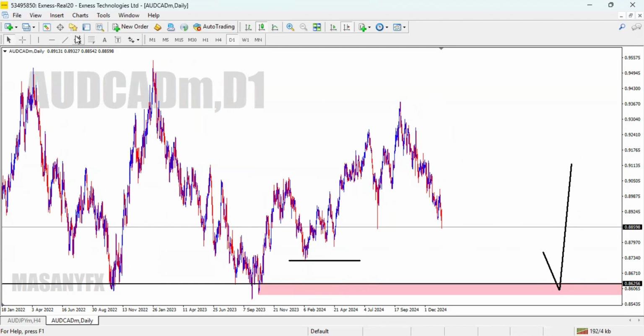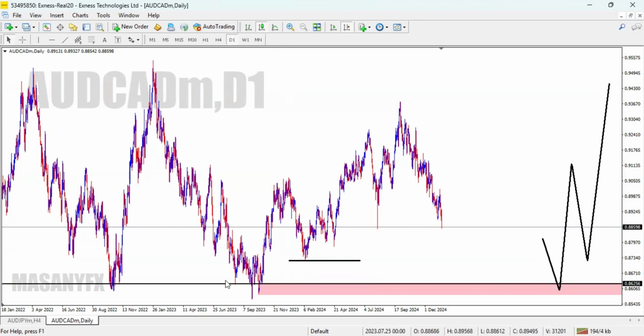I'm looking for buying opportunities because of the analysis that I made on a monthly time frame. The monthly time frame told me that this is bullish. It is going up there. So I don't want to trade against the monthly time frame.